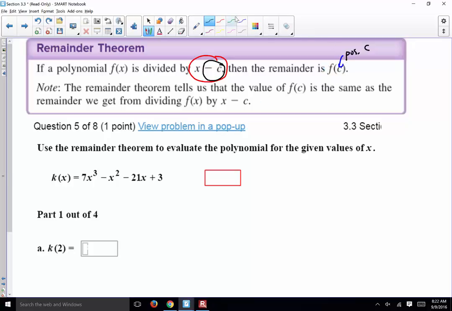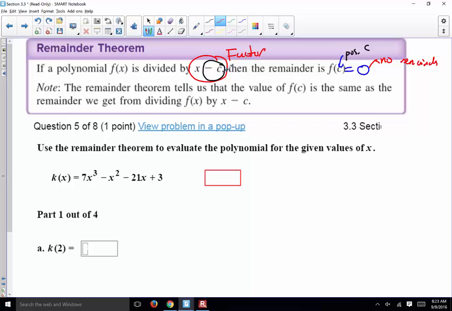Look, if you are wondering if x minus c fully divides f of x, fully divides meaning zero remainder, all you need to do is enter c into the function and see if this is 0. If there is no remainder, that means x minus c completely divides f of x. That means it's a factor.